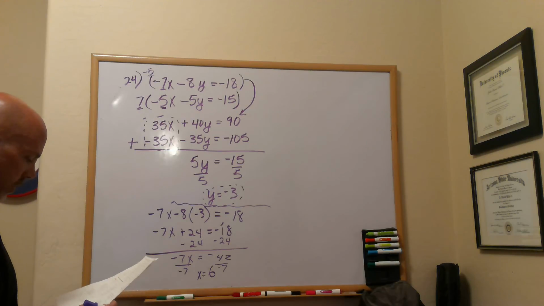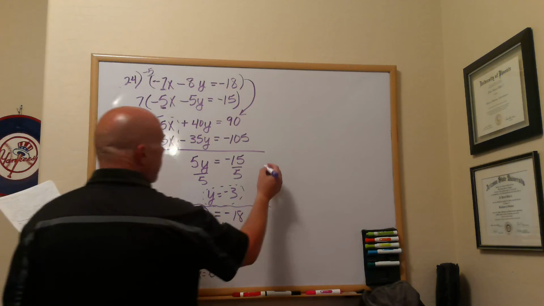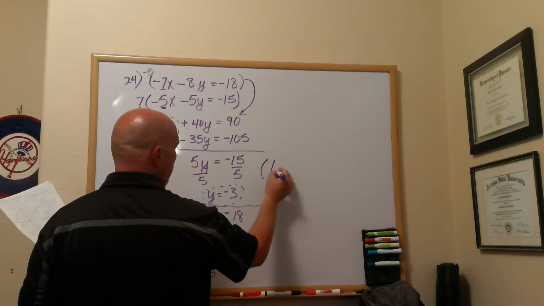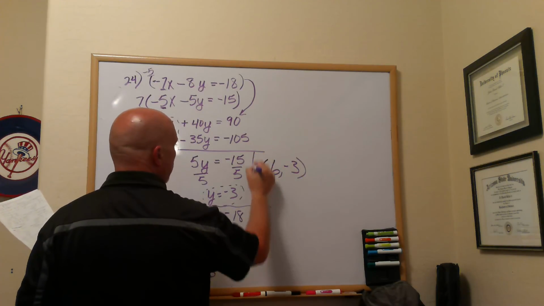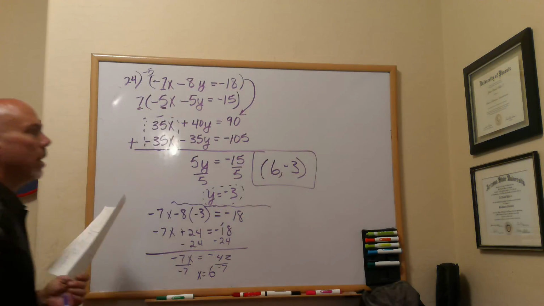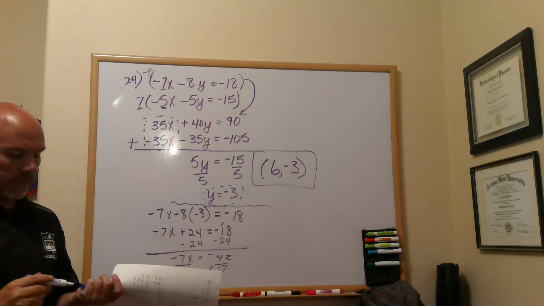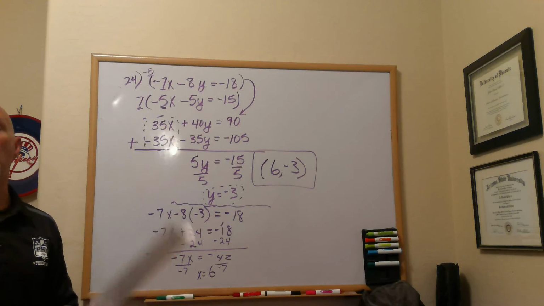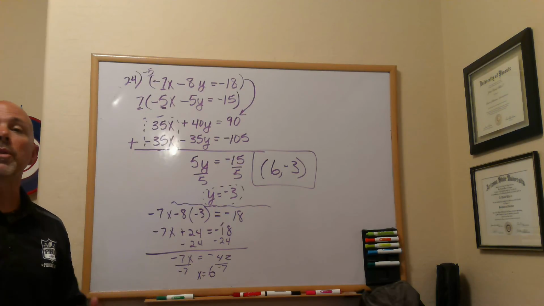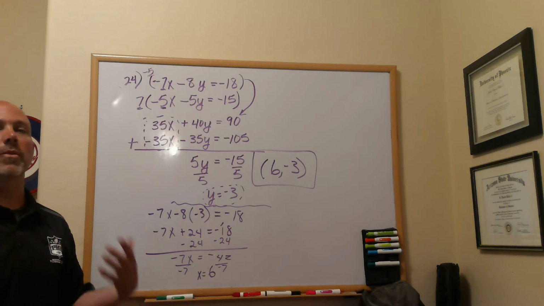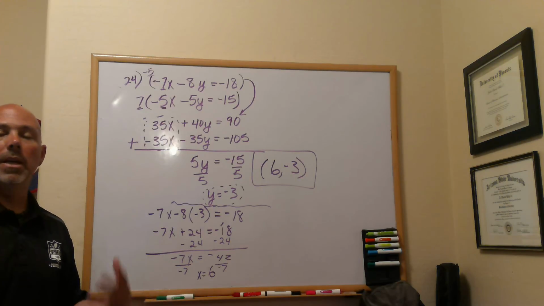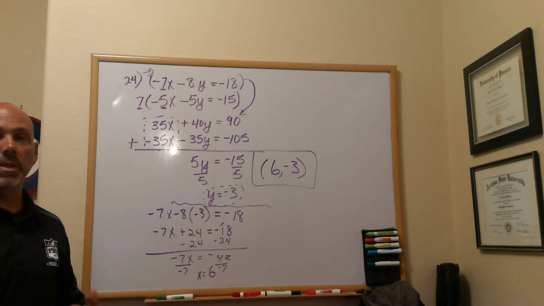So my final answer for number 24, written in coordinate form, 6 for my x value, negative 3 for the y value. And there's my answer. So again, the process is exactly the same on all of the difficulty levels. The differences, though, in the amount of difficulty level is really just the amount of work that's needed in order to create the opposites.